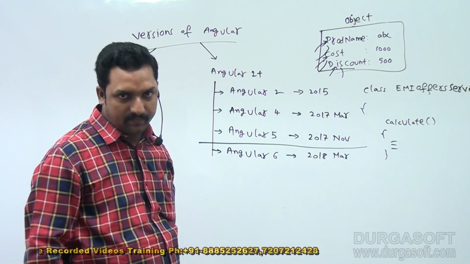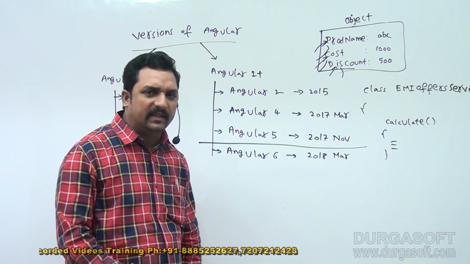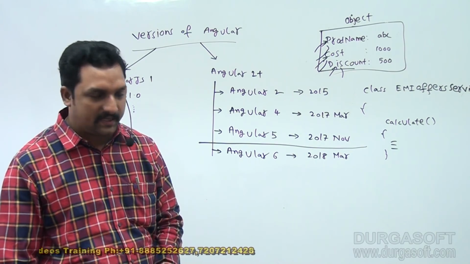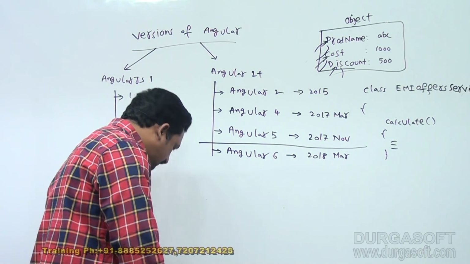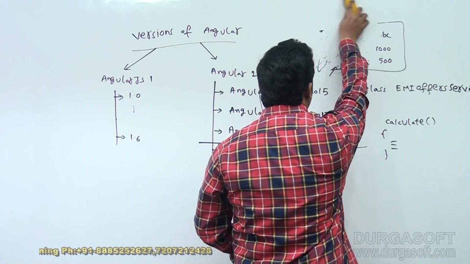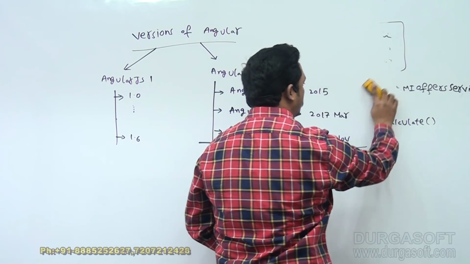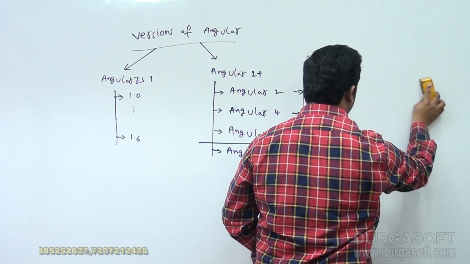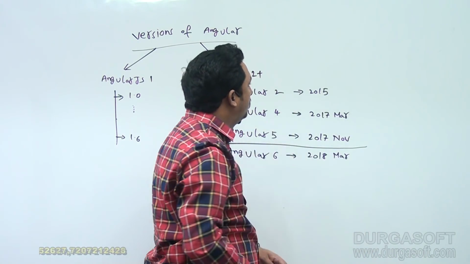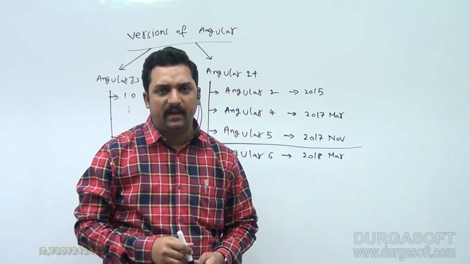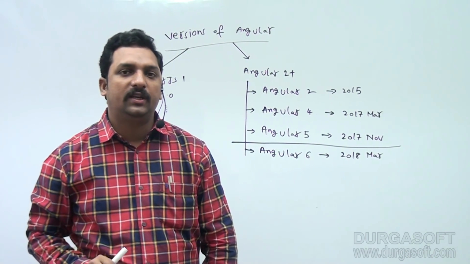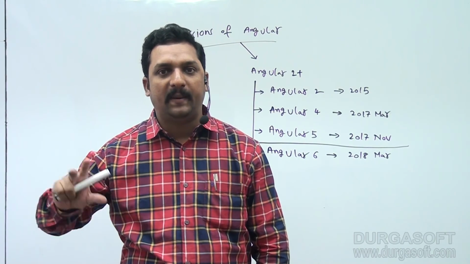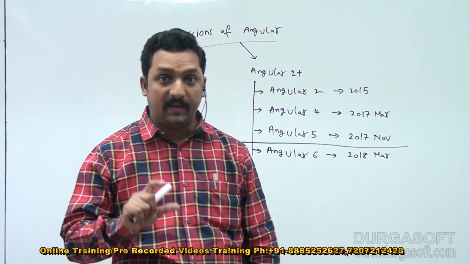3 is not there. The common doubt generally is, why is version number 3 skipped? What is the reason behind it? One of the features of Angular 2 plus is that each and every aspect or concept is available as an independent package.